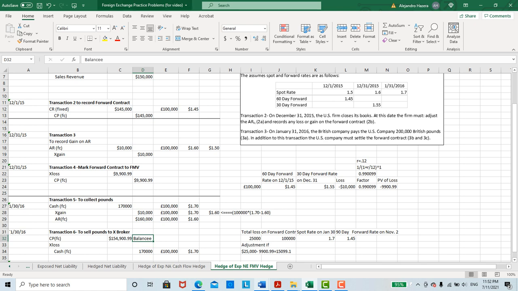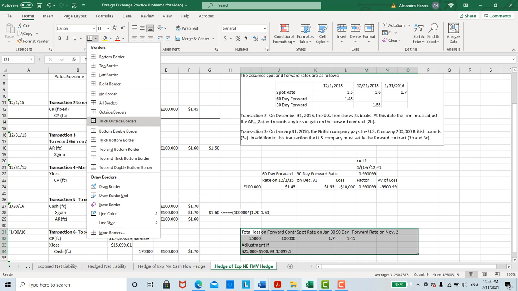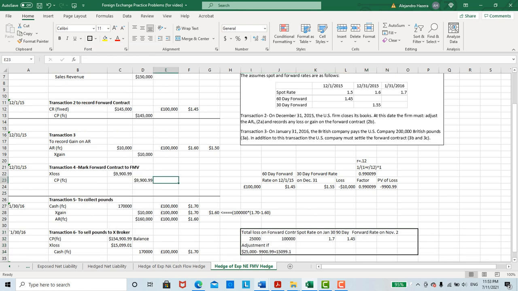And the difference between the two will be your exchange loss, which is 15099, that minus that number right there, or the other way around, doesn't matter. A positive number, a debit, means a loss. I'm using the same numbers that we used last time.